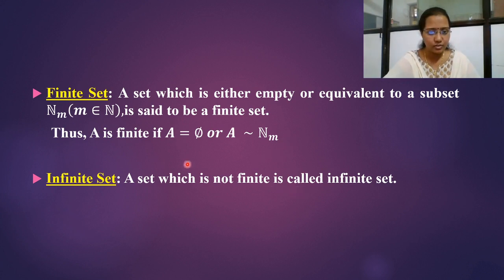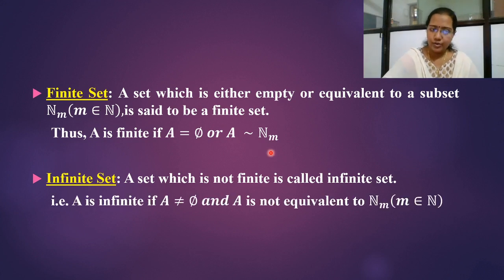So take the negation of this: A equal to phi or A equivalent to N_m. What is its negation? A is not equal to phi, and A is not equivalent to N_m. Therefore, A is infinite if A is non-empty and A is not equivalent to N_m for any m belonging to N. Then that set is said to be an infinite set.